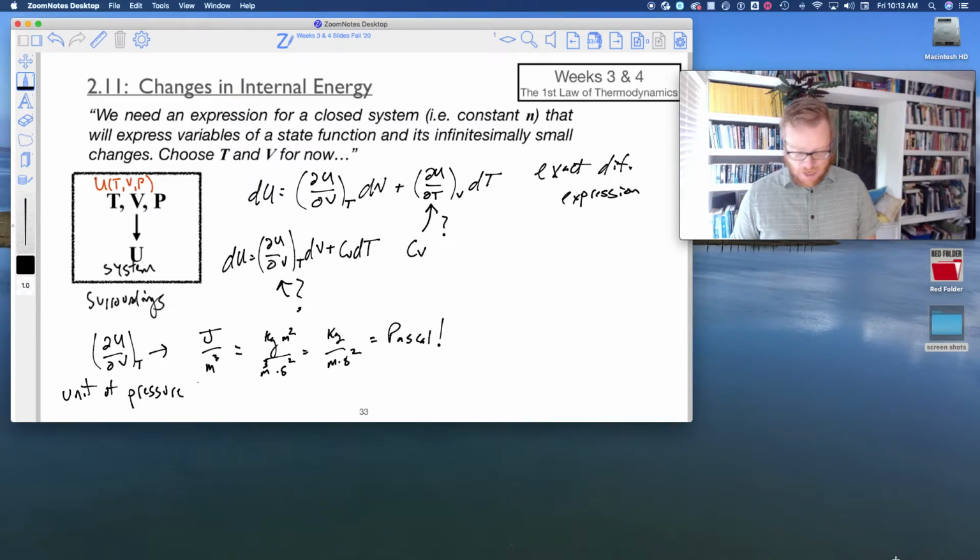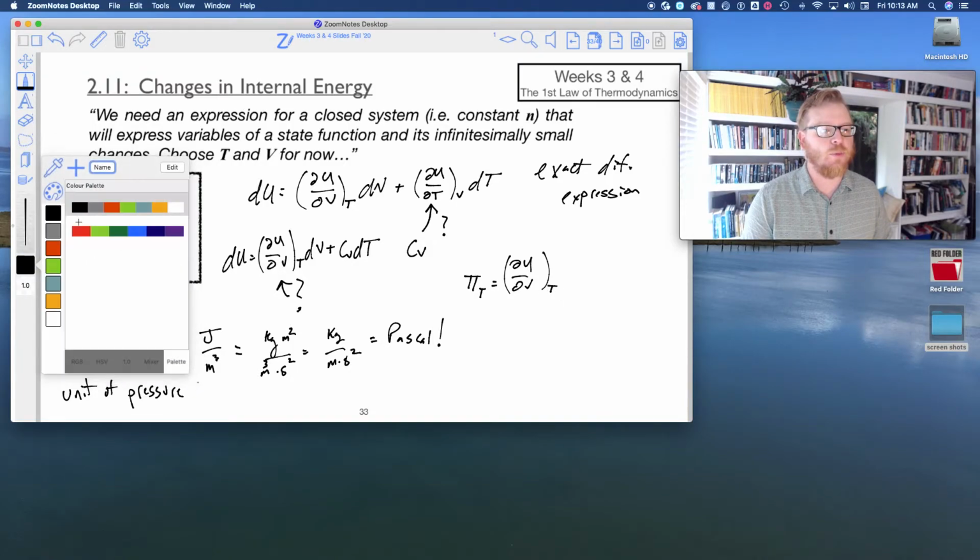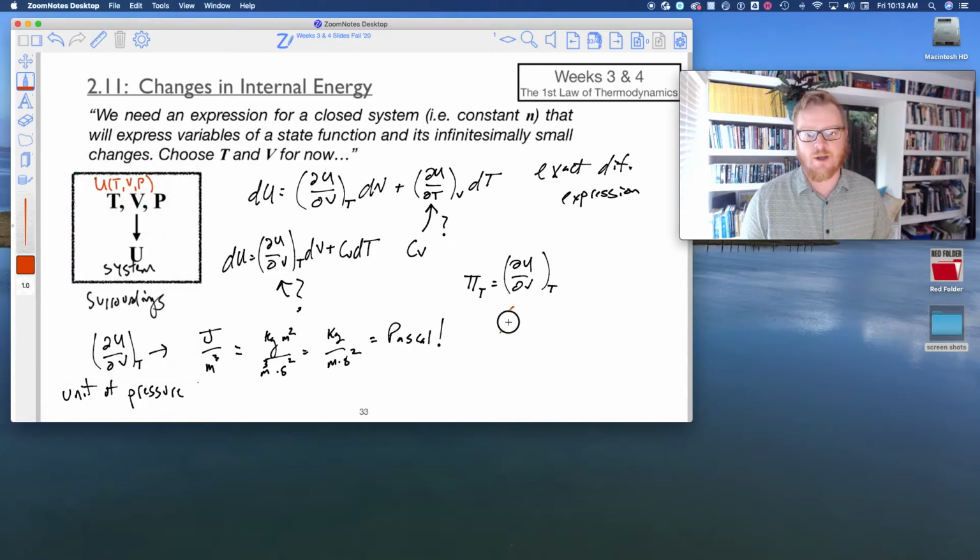Well, as it turns out, some very smart, famous people, Joule himself, gave this derivative a special name. They called it pi sub T, which equals that partial derivative, and they call this the internal pressure. And we'll see what that means.